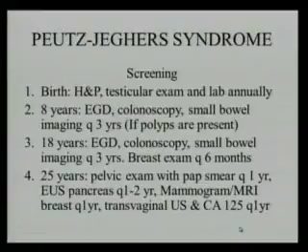And you can do pancreas ultrasound every 1 to 2 years, and mammogram. For the breast, in addition to mammogram, you can do MRI. For the ovary, you can do transvaginal ultrasound and CA-125 every year.